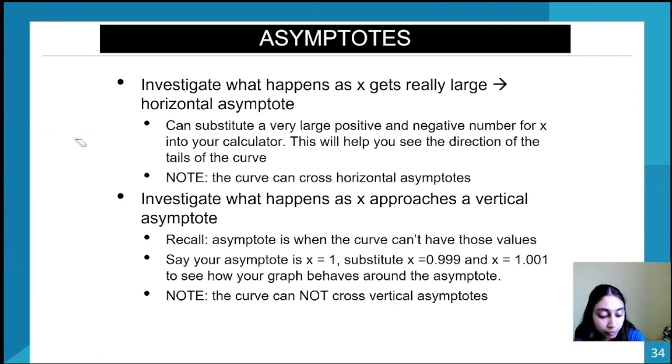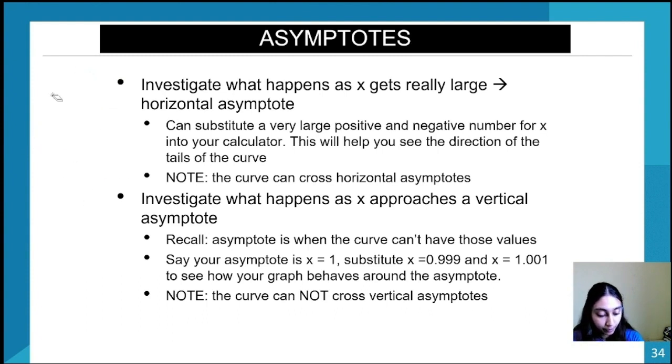And then a vertical asymptote could look a little something like this, our exponential graph. Over time it will try to reach the y-axis, but it will never reach y equals 0. So that's what an asymptote is.